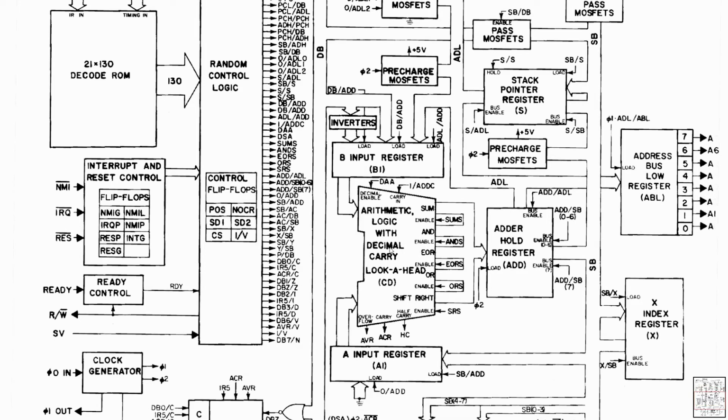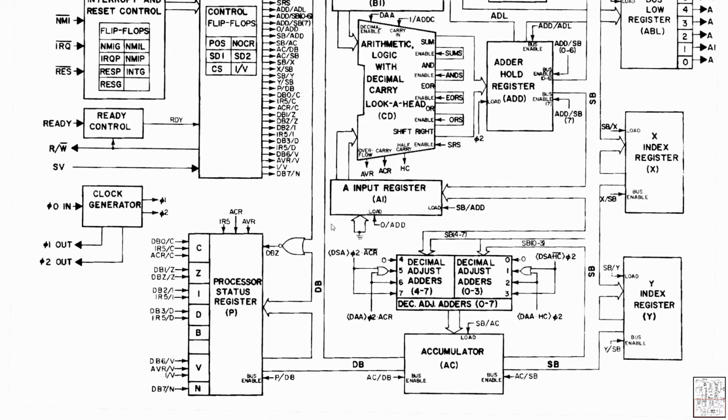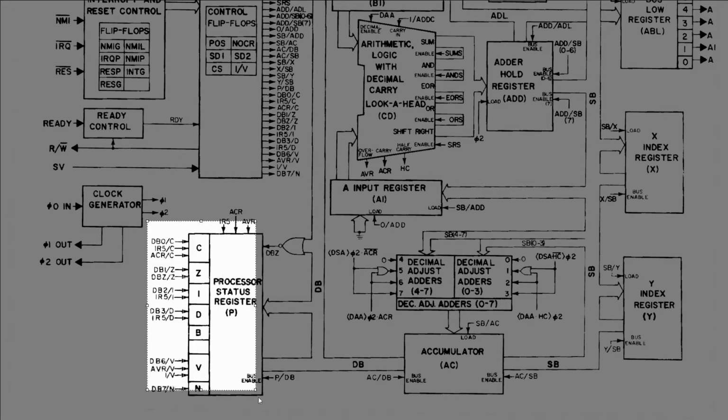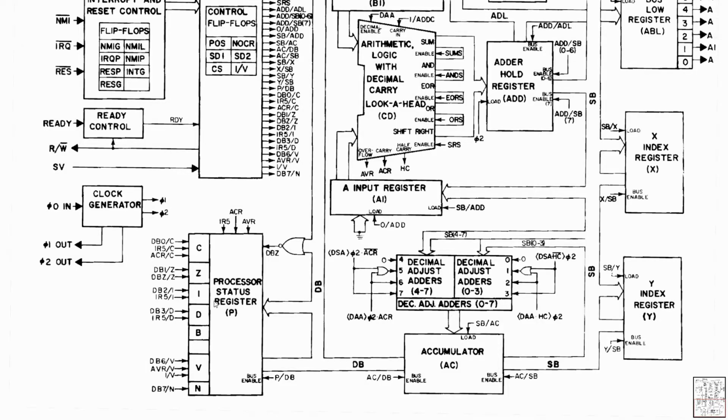So here we are again with the schematics of the 6502, and if you scroll down all the way to the processor status, which is the topic of the video, you're going to see it's a register, pretty much like the registers X and Y, meaning that it is a single byte which contains 1-bit blocks that form the processor status.